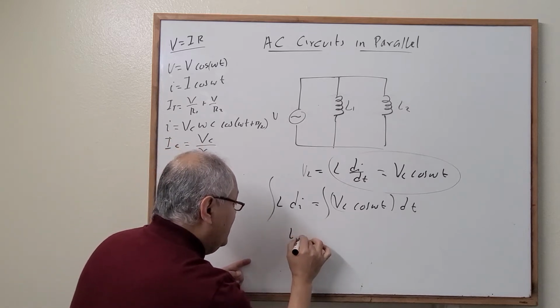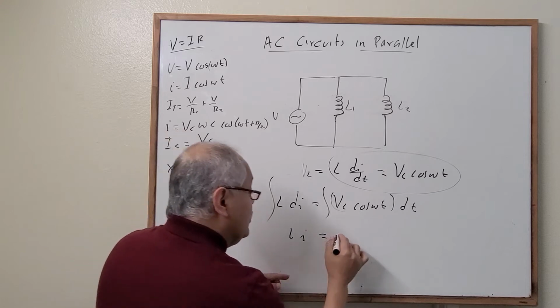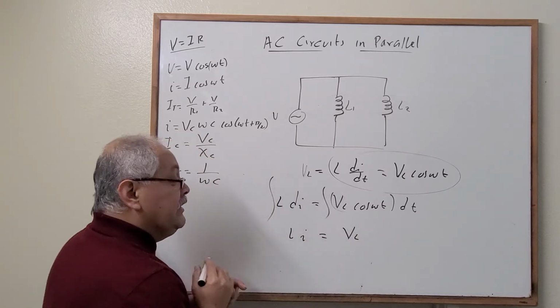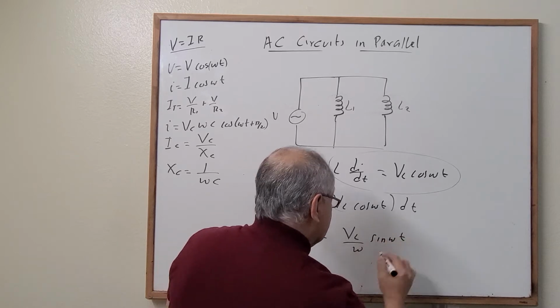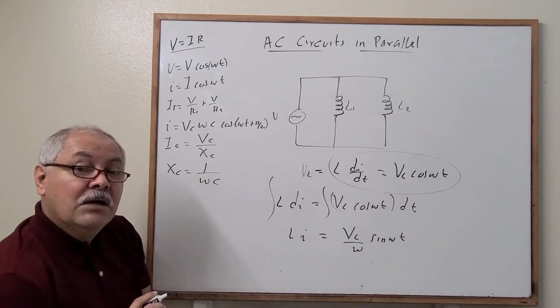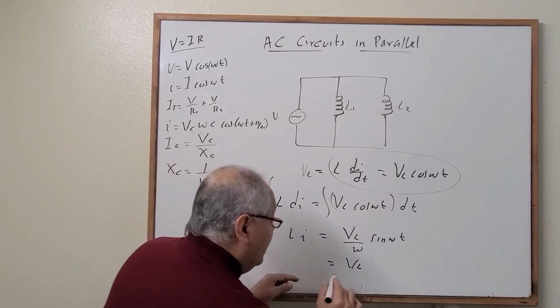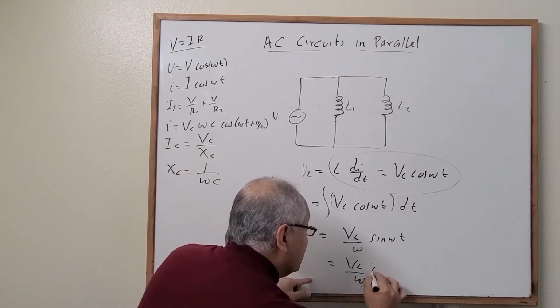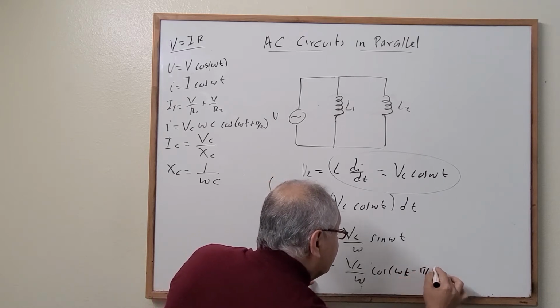We have L times the instantaneous current is equal to the voltage of the inductor divided by omega times sine omega t. Also, this is equal to the voltage over omega times cosine of omega t minus pi divided by 2.